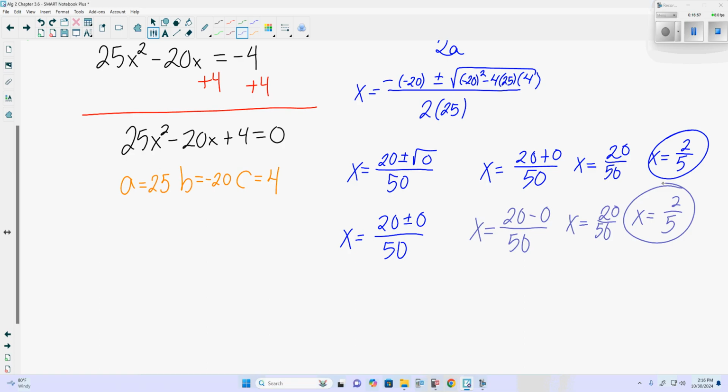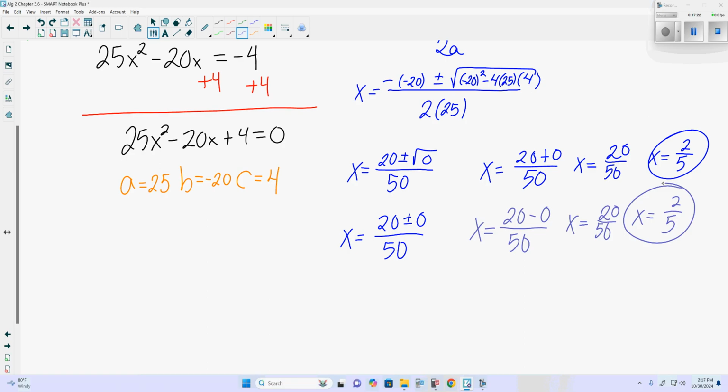Because again, the textbook is going to say that we have one real solution, which we do. And then the next chapter is going to say that we do have to count it twice. Contradiction, but yeah, we do have two real solutions. We just only have one unique solution for this here.